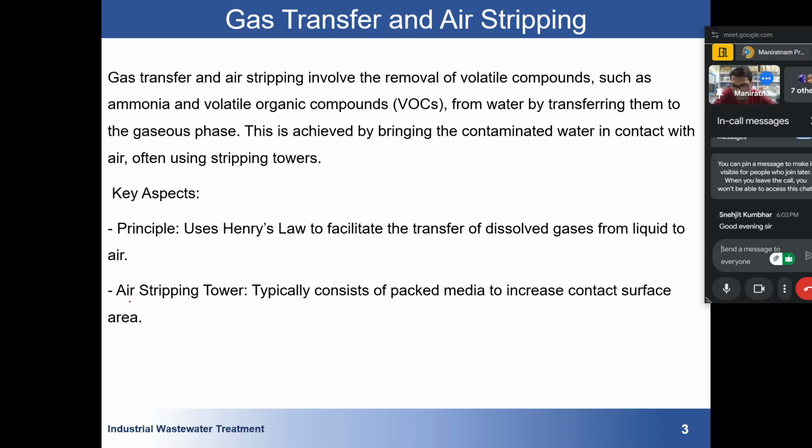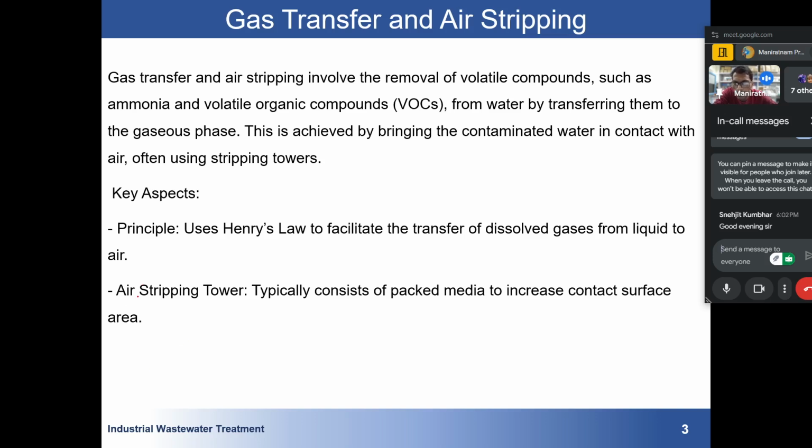These are key aspects when we are talking about gas transfer. The principle is simply Henry's law: concentration is directly proportional to partial pressure. Then there is a numerical formula where the Henry constant is used.